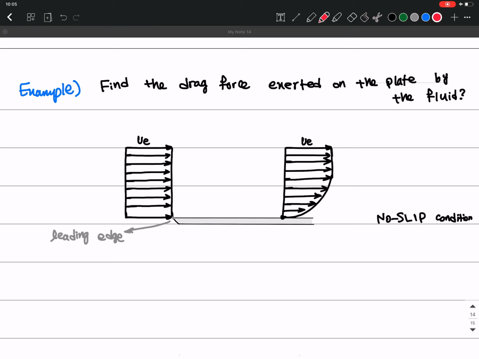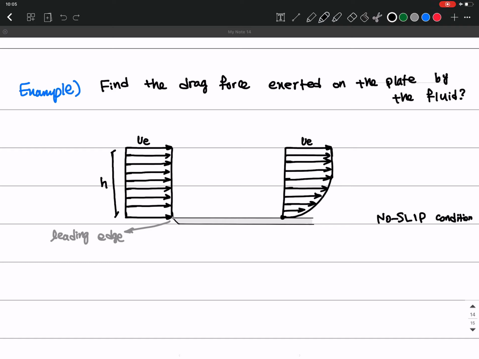And here, this height is h, so I'm going to show it with h. And so here the velocity is kind of decreased up to this point.